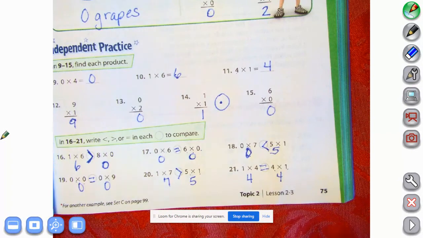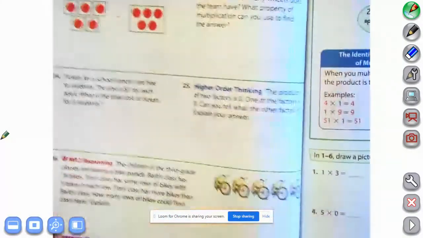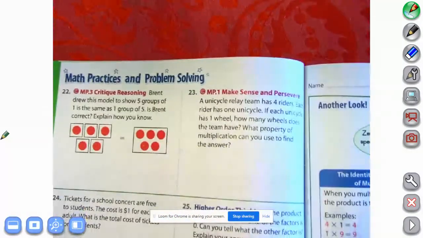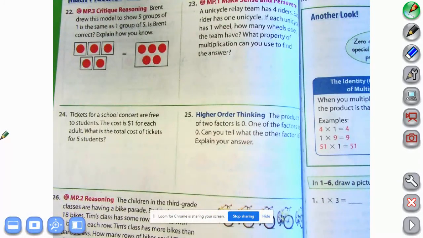All right, go ahead and pause if you need to get everything written down. Otherwise, we're going to go on to page 76. Brent drew this model to show 5 groups of 1 is the same as 1 group of 5. Is Brent correct? Explain how you know.